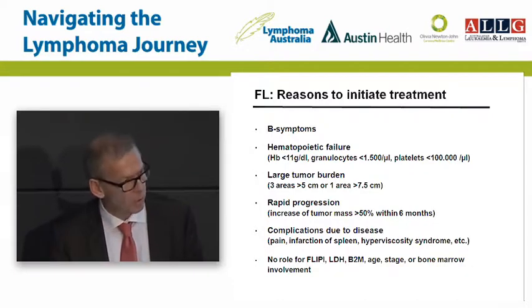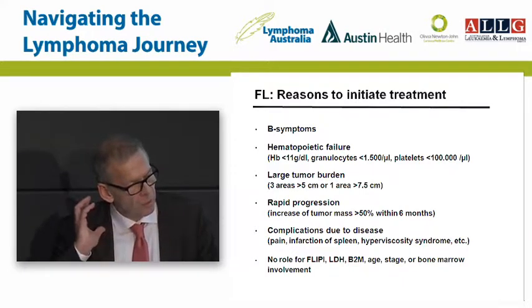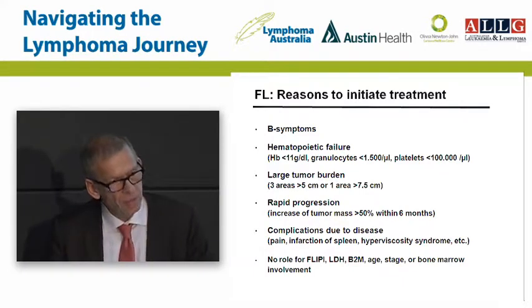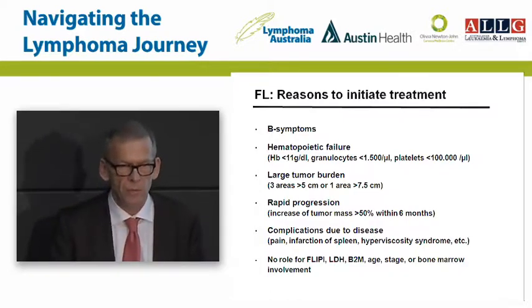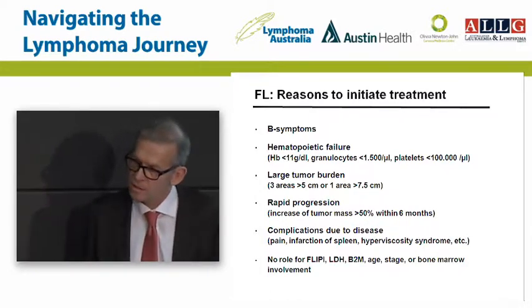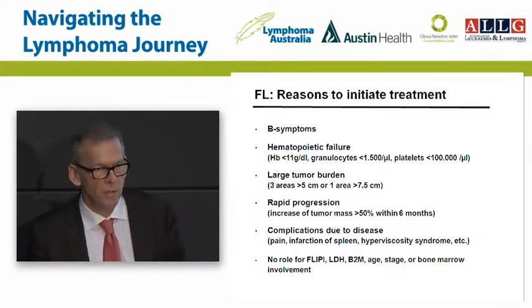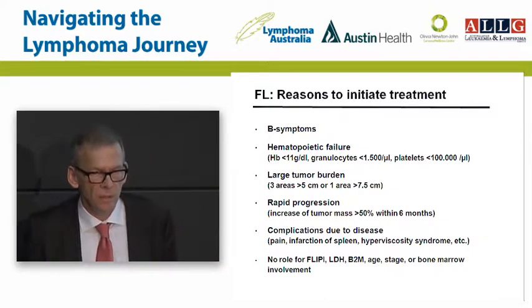You see it over there, or your tumors grow rather quickly all of a sudden. These are reasons to start chemotherapy in combination with Rituximab, because that tells us that the disease is getting more aggressive, or is a more aggressive variant.